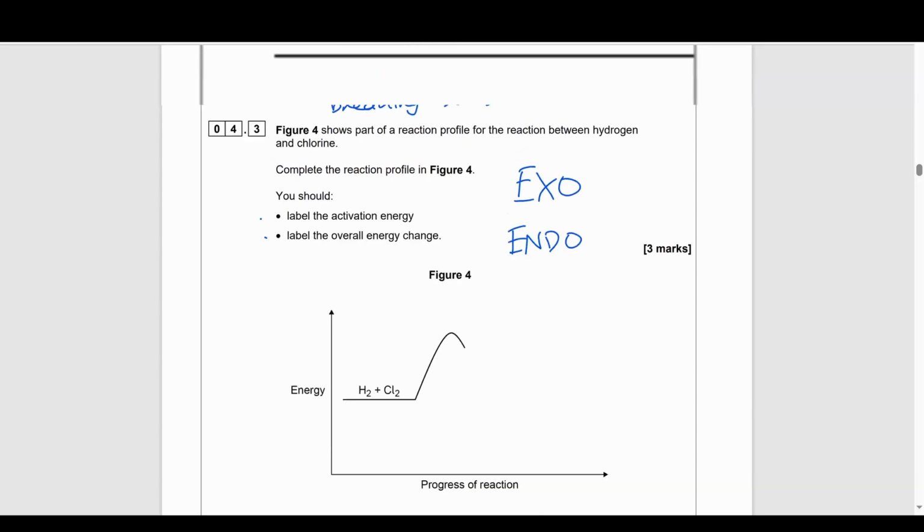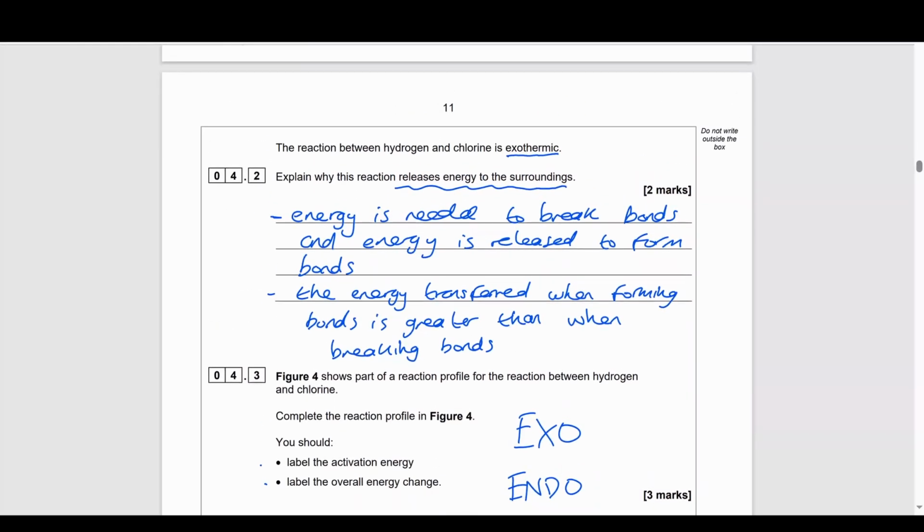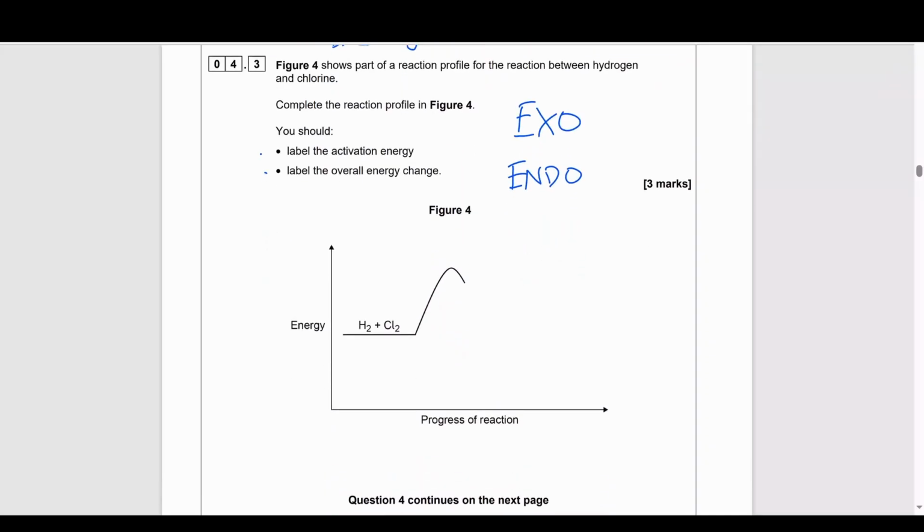Well, as we just answered the first question, it's an exothermic reaction. So we need to remind ourselves now, how would the products be in terms of their position in this reaction profile? As we know that our reactants are here, hydrogen and chlorine. So whenever we have an exothermic reaction, exothermic is RAP.